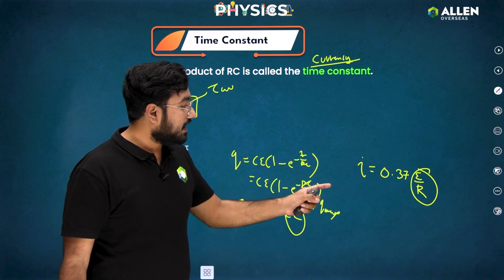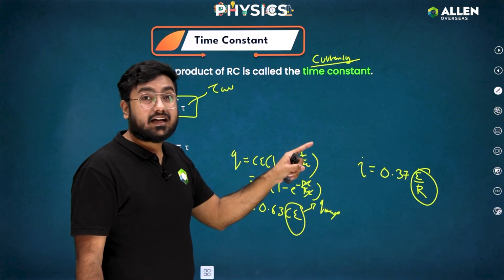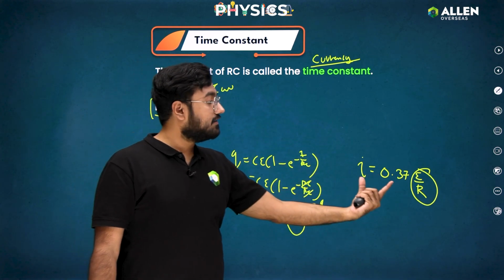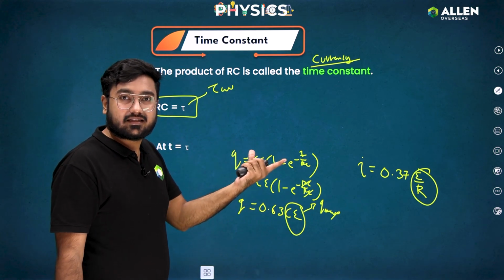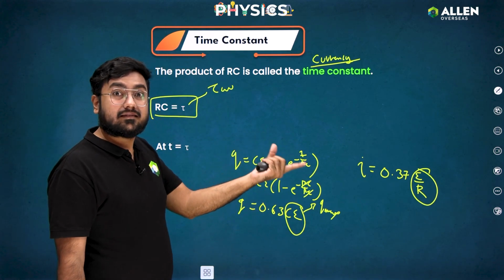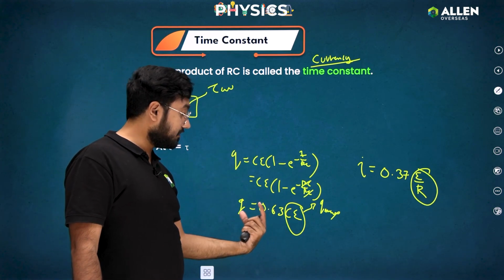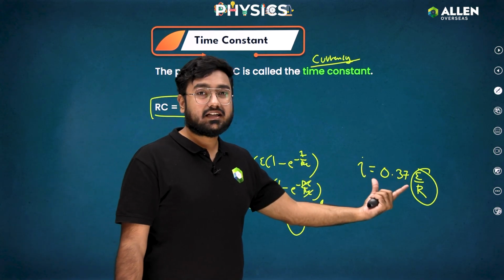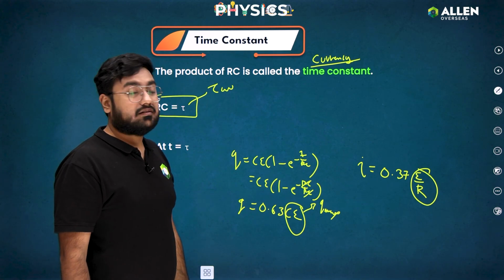Absolutely no. Why? Because current is decreasing, and still 63% job is done. So 37% is left. Here as charge is increasing, job done is 63%, right? So the charge will be 63% of the maximum charge, and here 37% of the maximum current.